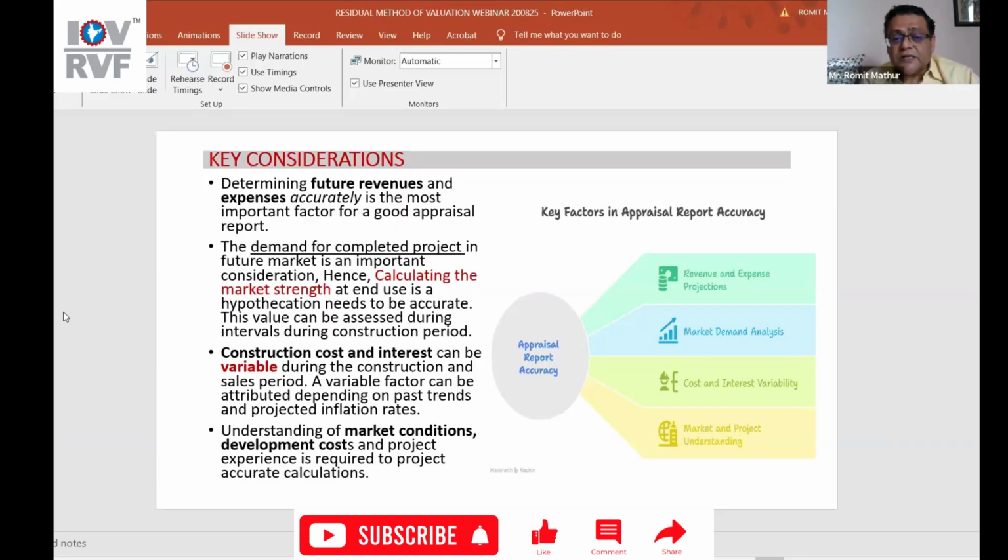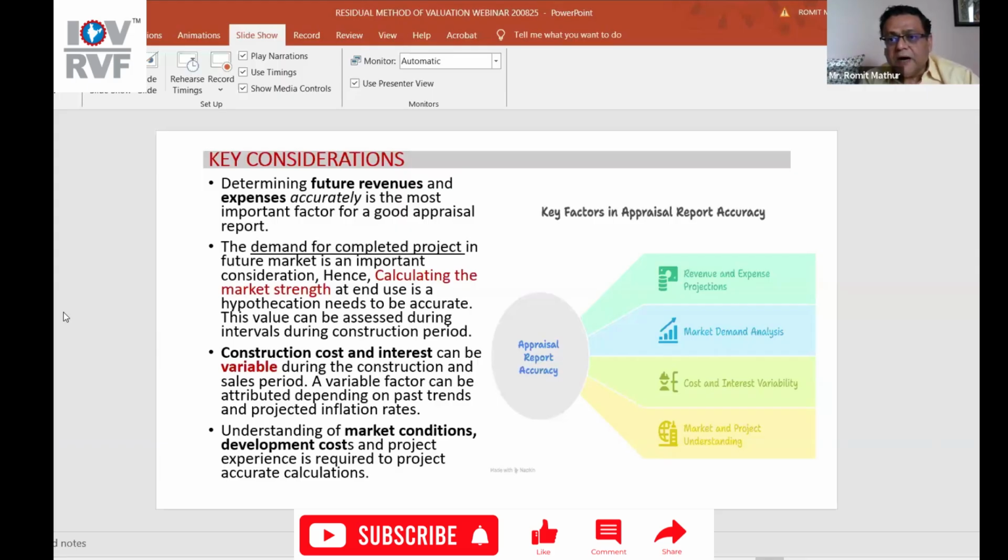Construction cost and interest can be variable during construction and sales period. A variable factor can be attributed depending on past trends and projected inflation rates. So you know the trends, you know the growth of that area, so you can very comfortably and confidently project, say for the next 16 or 18 months, what direction the real estate market is going.